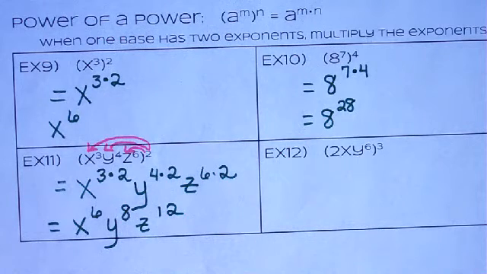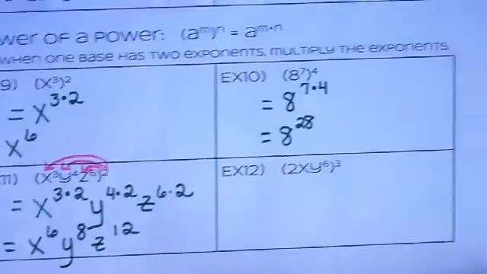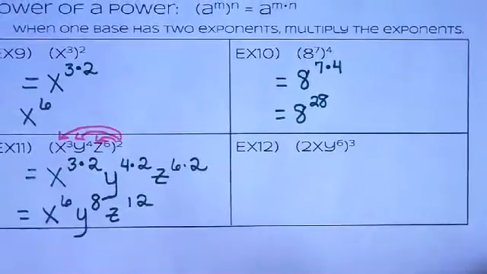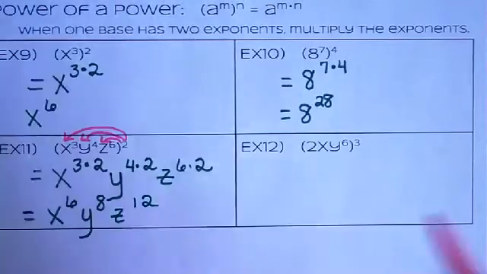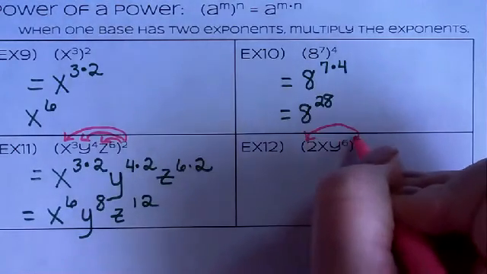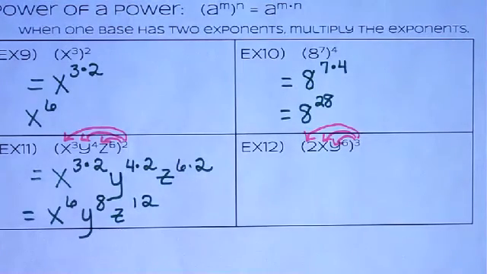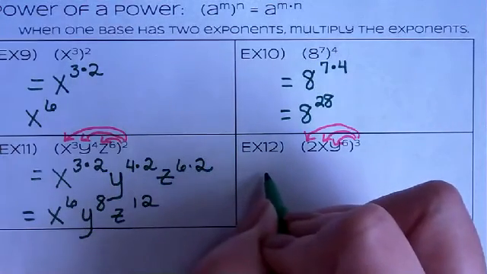Number 12, I've got the x and the y, so I've got 2 variables, but this time I added in a coefficient too. I'm still going to have to think distributive. So this third power goes with the 2. It's going to go with my x, and it's also going to go with my y. Let's look at how we're going to do this.